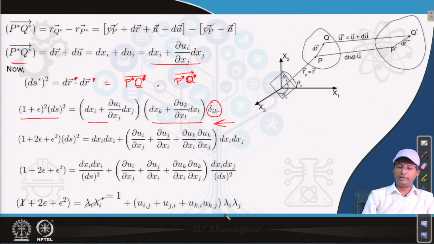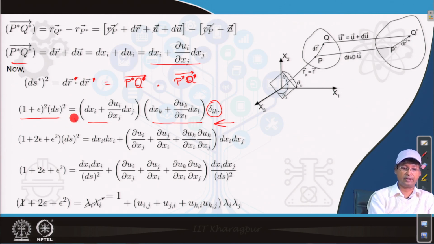So, finally, what we see is that we considered a vector r, and that vector changed position to here as the final r vector with p star, and the associated increment of that particular vector dr also changed to dr star. This is the strain.